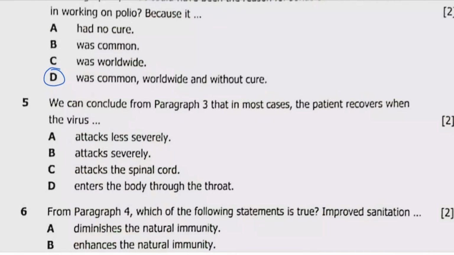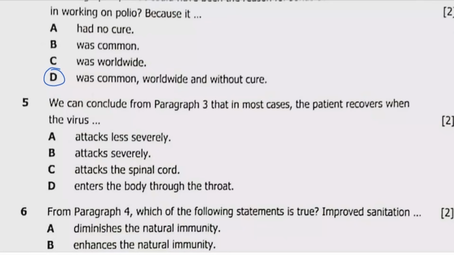Okay, number 5. We can conclude from paragraph 3 that in most cases the patient recovers when the virus dash. A, attacks less severely. B, attacks severely. C, attacks the spinal cord.